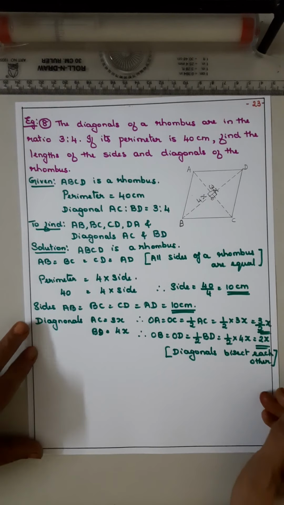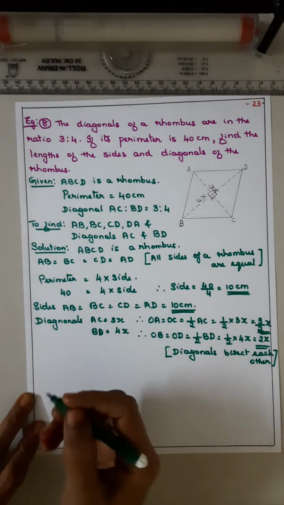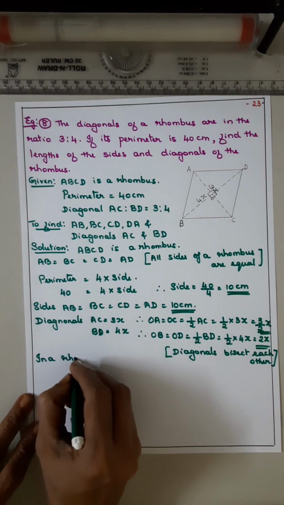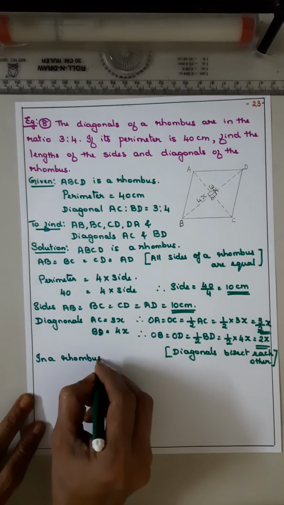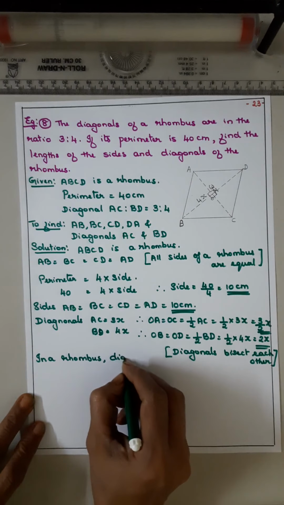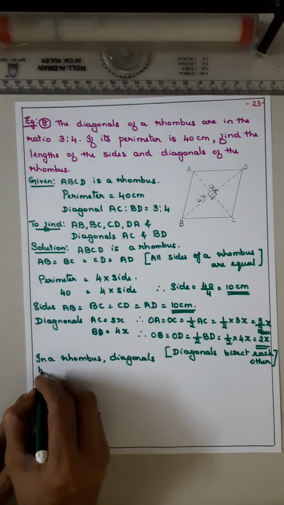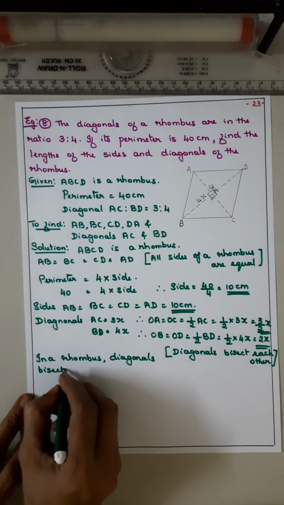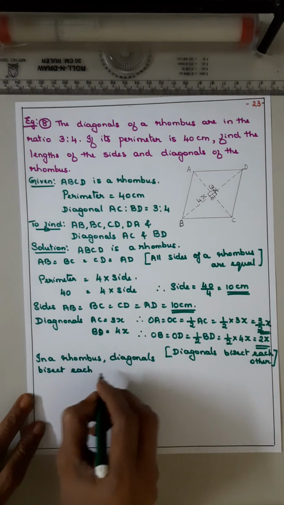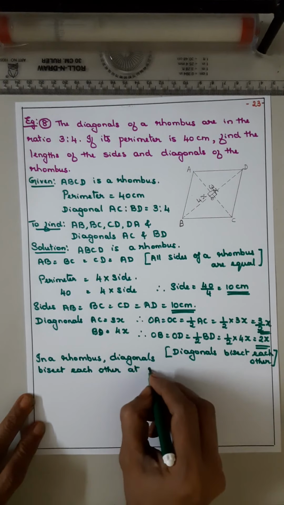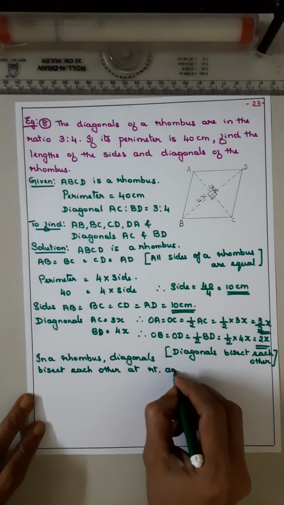You got it? Now, the next property, in a rhombus, diagonals bisect each other at right angles.